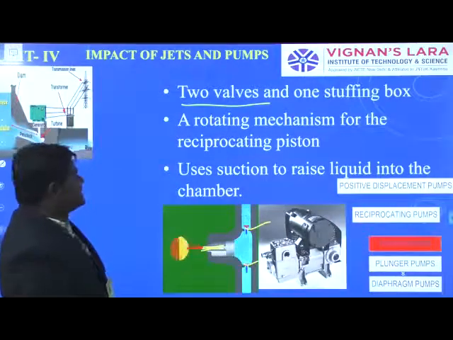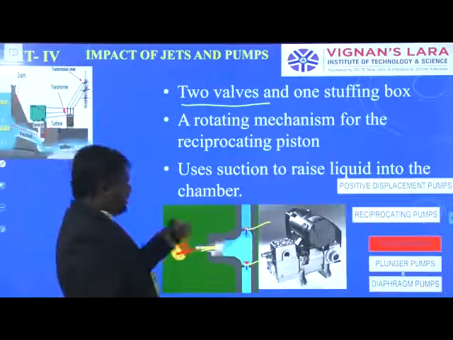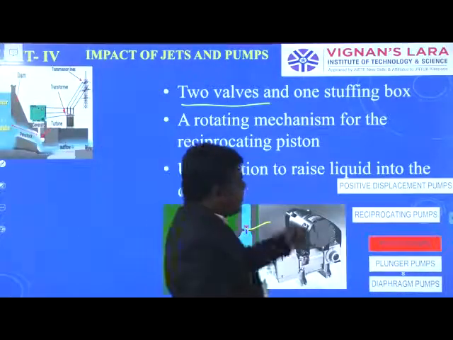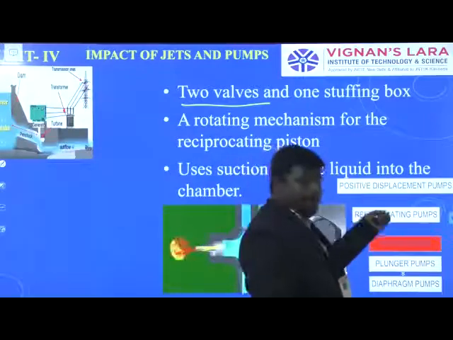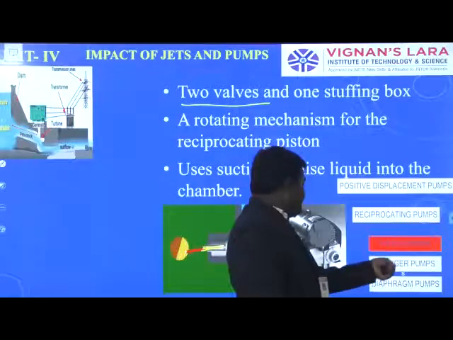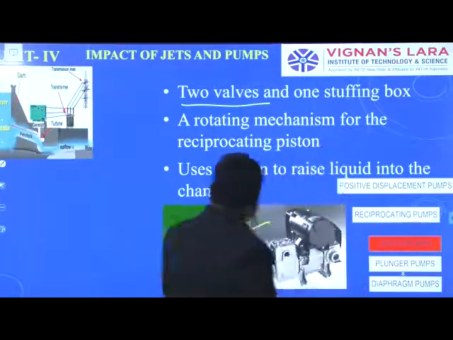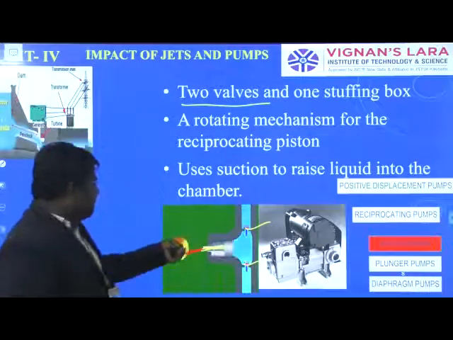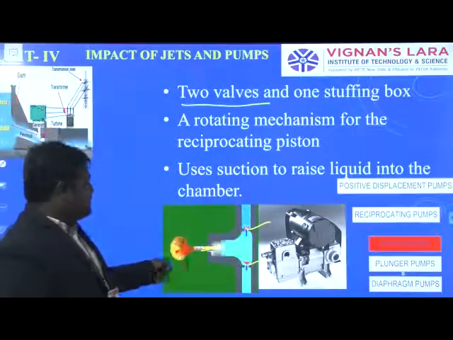It uses suction to raise liquid into the chamber. This is the main thing. We are discussing the positive displacement reciprocating pump, which includes piston pumps, plunger pumps, and diaphragm pumps. This is one type, the piston pump, and we can see its animation.